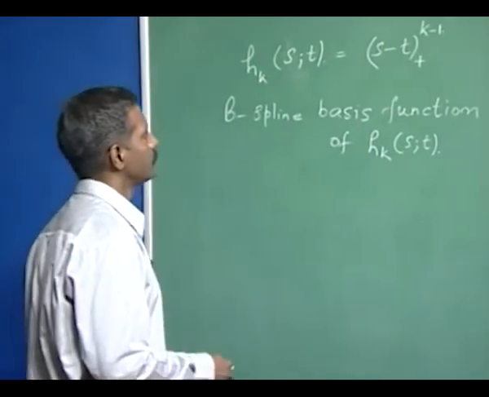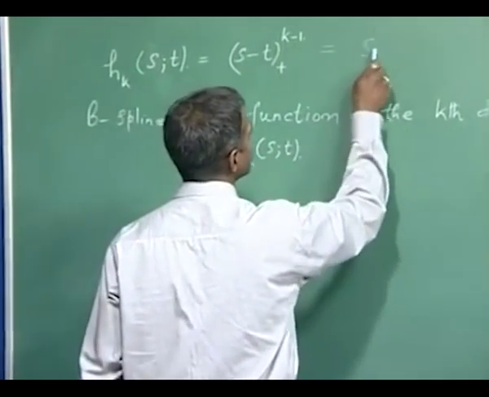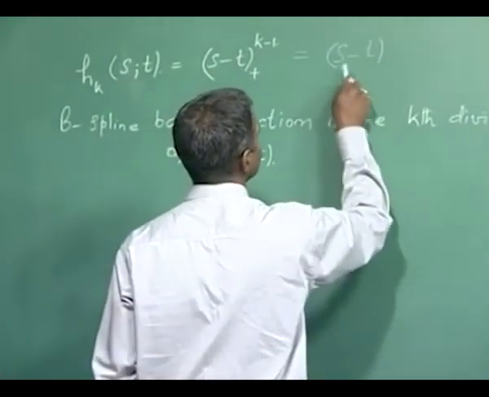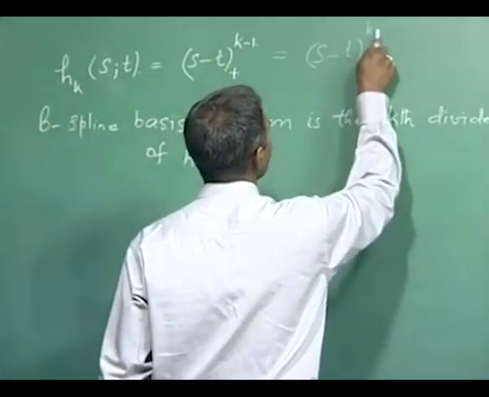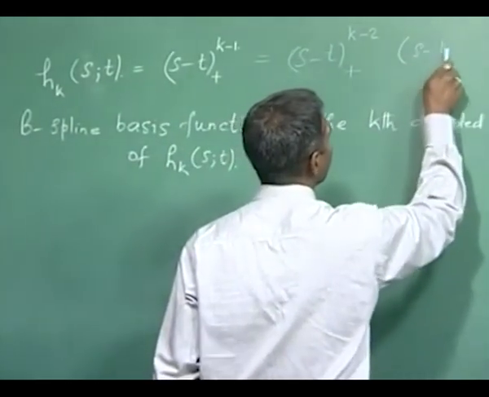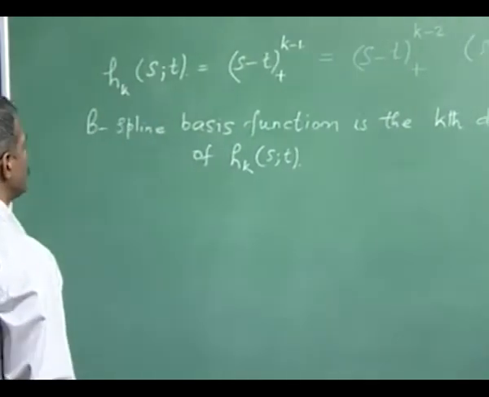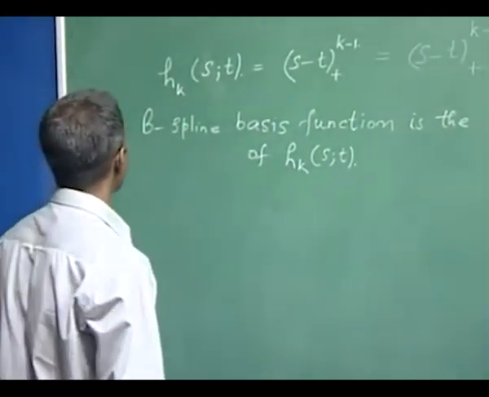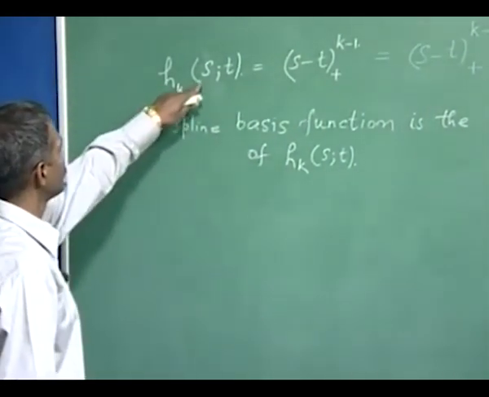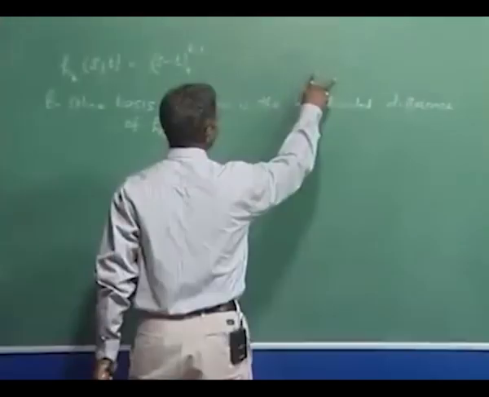Let me go back a little bit, and let me rewrite this as (s minus t) truncated, k minus 2 times (s minus t) truncated. So I can write h_k(s; t) in terms of the product of two functions.